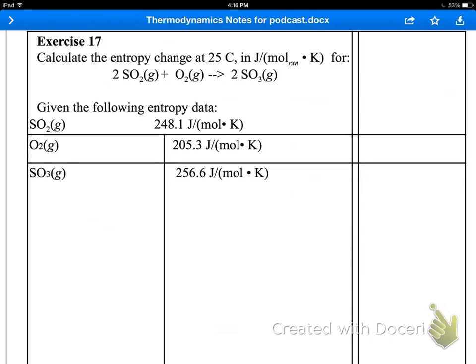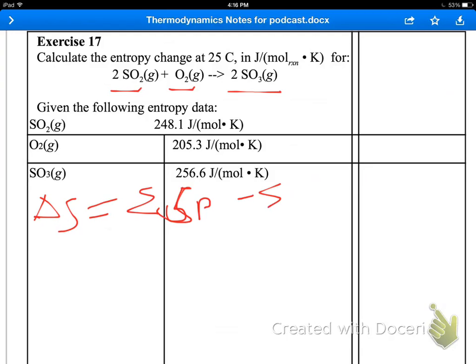Okay, so I have 2SO2 plus O2 becoming 2SO3. So the change in entropy is going to equal the sum of the entropy of the products minus the sum of the entropy of the reactants.